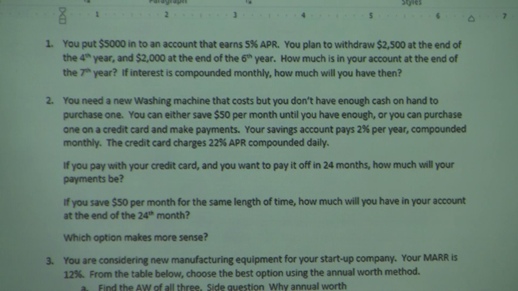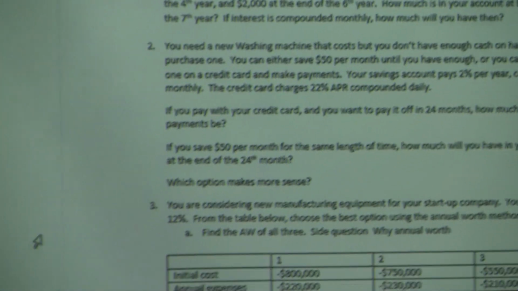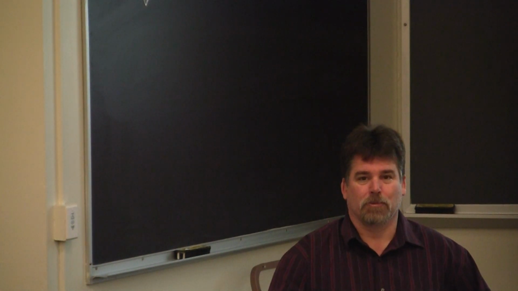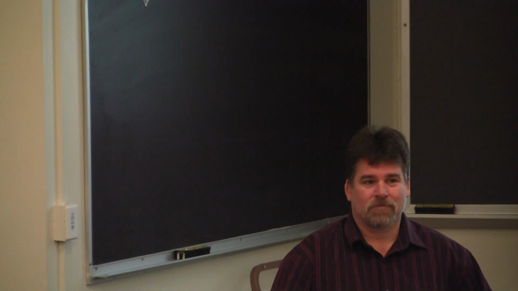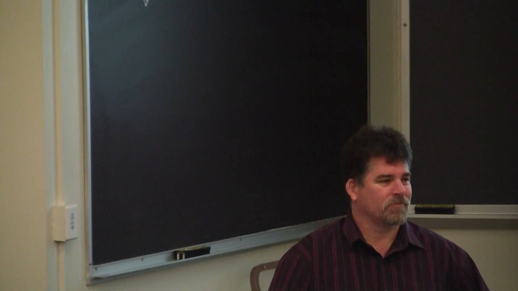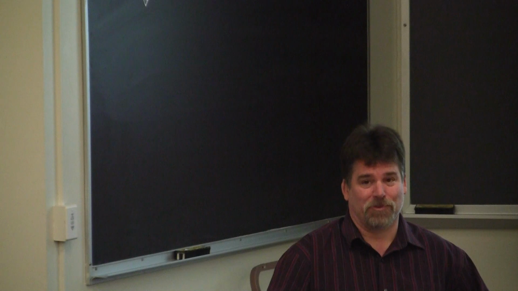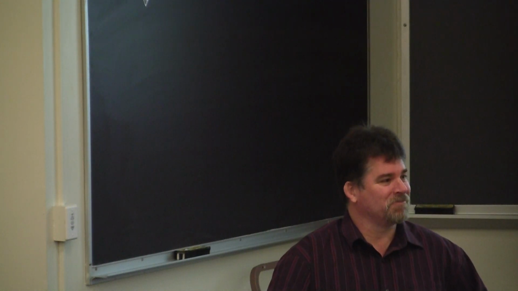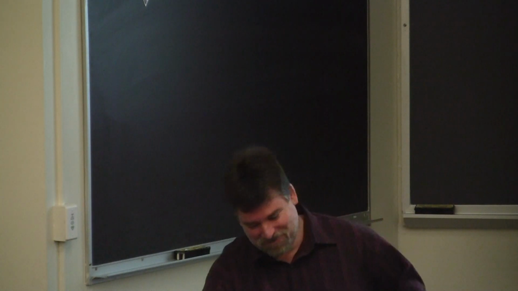Remember way back, like 12 weeks ago, we talked about effective interest rates, going from an annual rate, using a compounding rate, a compounding period, and finding the effective rate. You remember that? You might want to review that. I strongly suggest you review that. Can we review it now? Yes. I will review it right now.